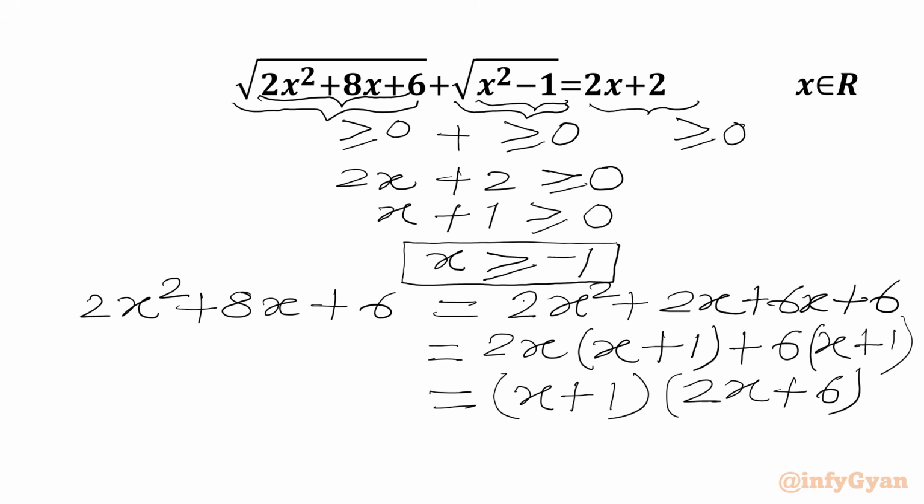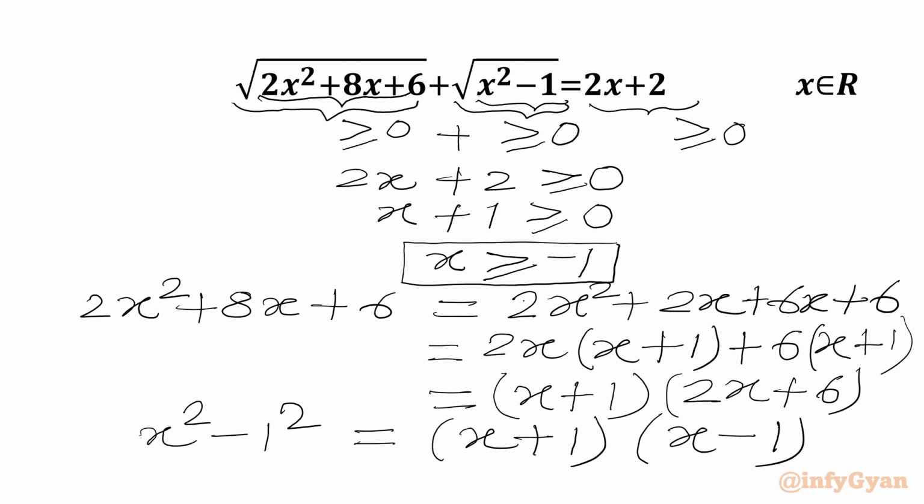Now we have another radicand x square minus 1, which we can write as x square minus 1 square. Using difference of two squares formula, we can write x plus 1 times x minus 1. Now we will rewrite our equation.